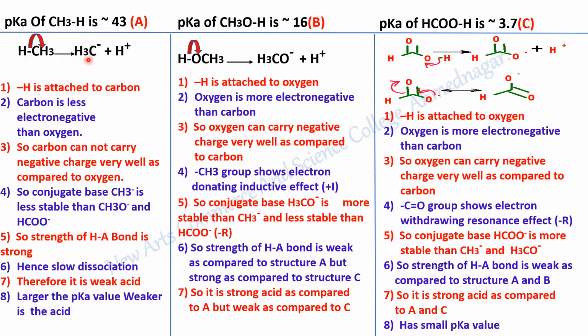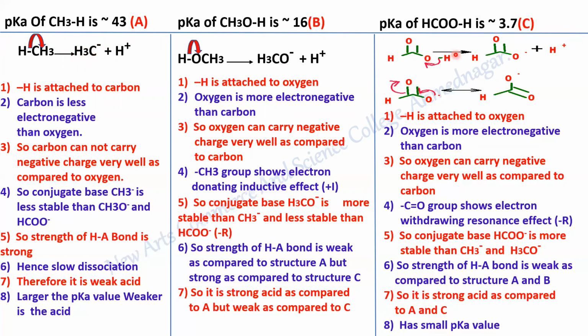Now what is the difference between the electronegativity of carbon and oxygen? Carbon is less electronegative as compared to oxygen, while oxygen is more electronegative as compared to carbon. Because of this electronegativity, a carbon cannot carry a negative charge very well as compared to oxygen. Because of this, the conjugate base is less stable.